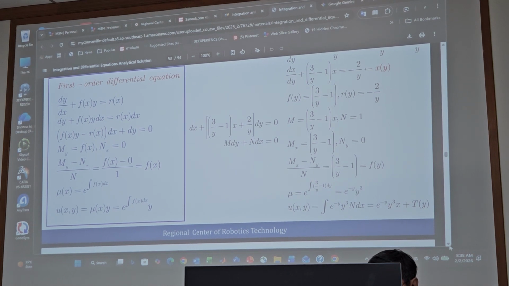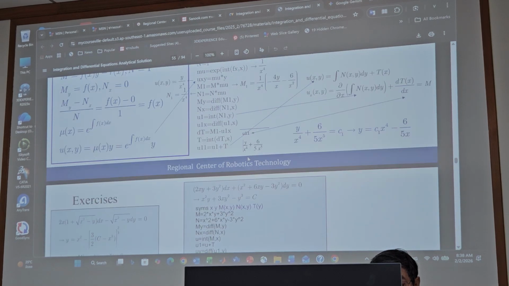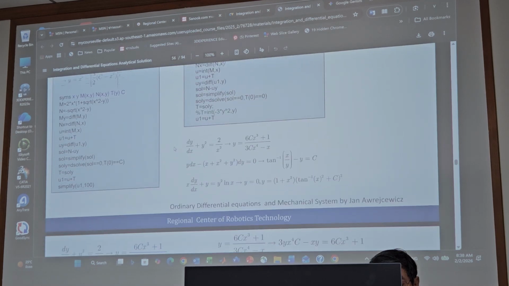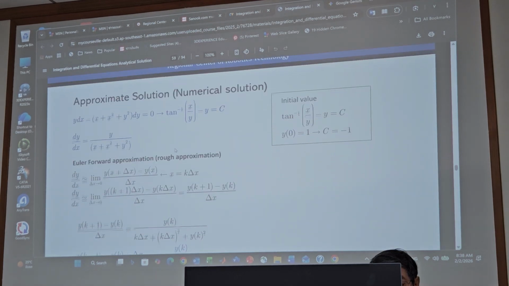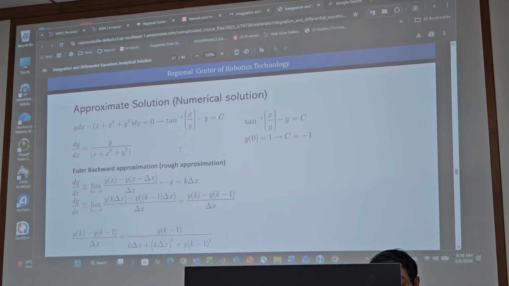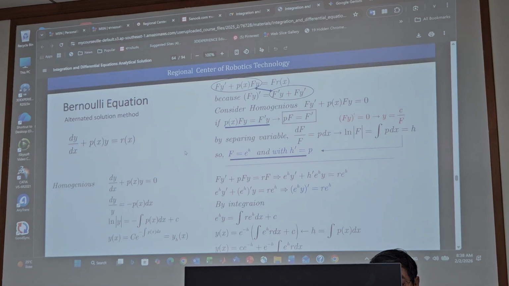Okay, and the other one, with this method is the exact equation, and the other one is this method, right? This one, sorry, this one is called the quadratic equation.